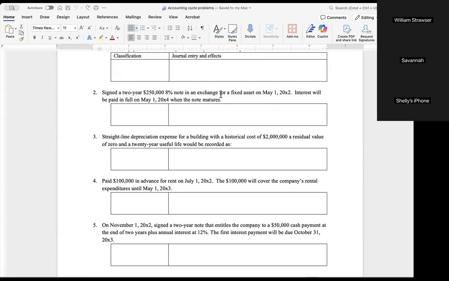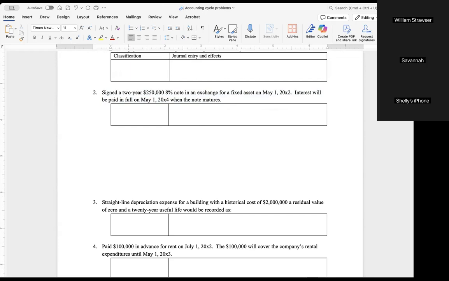So let's look at this one, for example, number two. This is an interest rate calculation problem. What we have to account for is that because this came through on May 1st of this year, that's when we struck the note.